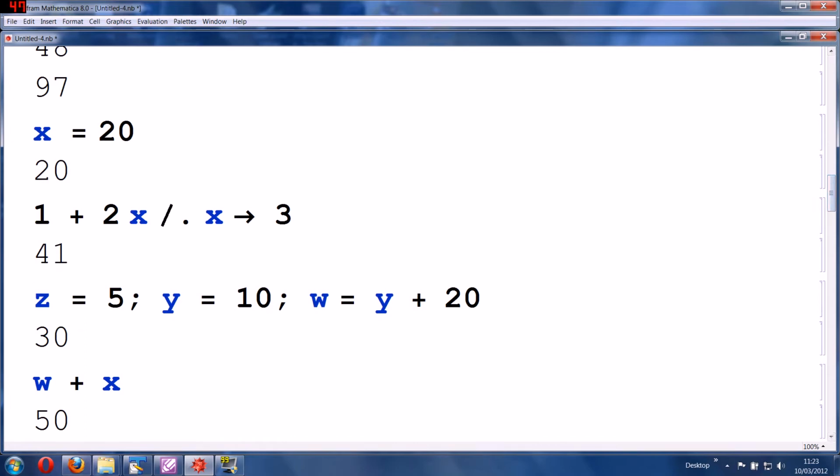It's just about looking at the input and the output really. You can see I've set up some variables here. Look at that /.x, that's the thing. It's a transformation rule. x goes to 3, so take an expression such as 1 plus 2x and replace. Okay.